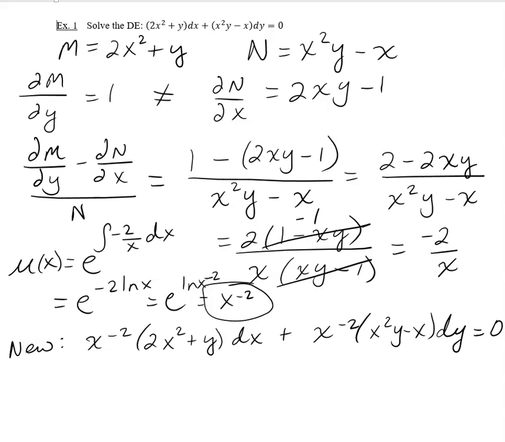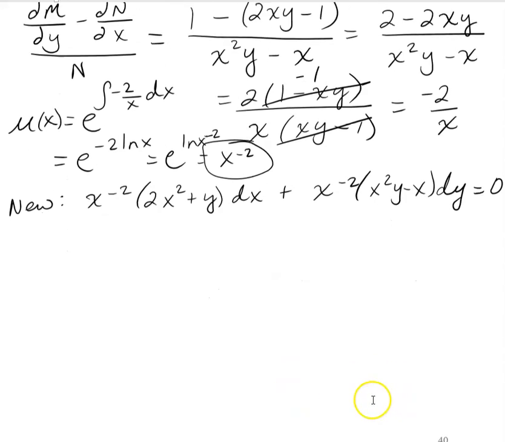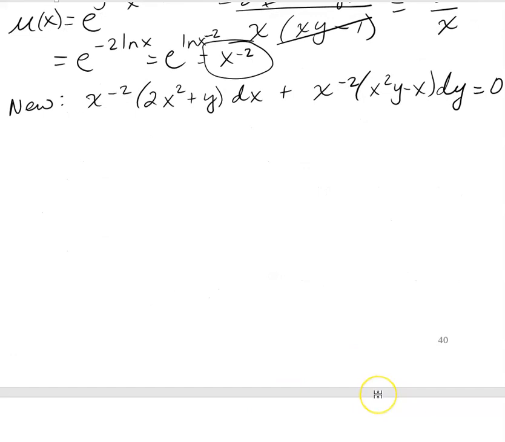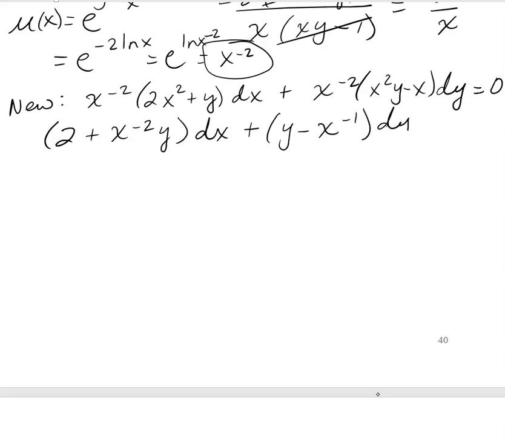And as always, I would do simplification on this before you try to proceed. Notice that if I distribute the x to the negative second, the first term becomes (2 plus x to the negative second y) dx. And the second term becomes, those x's go away, so I have (y minus x to the negative first) dy equals 0.